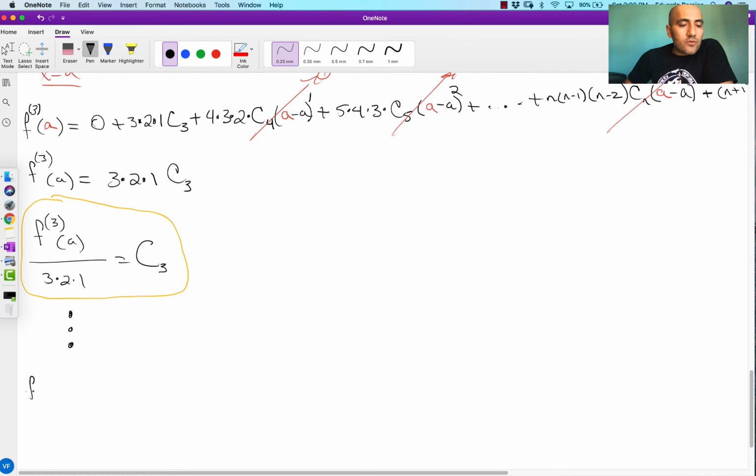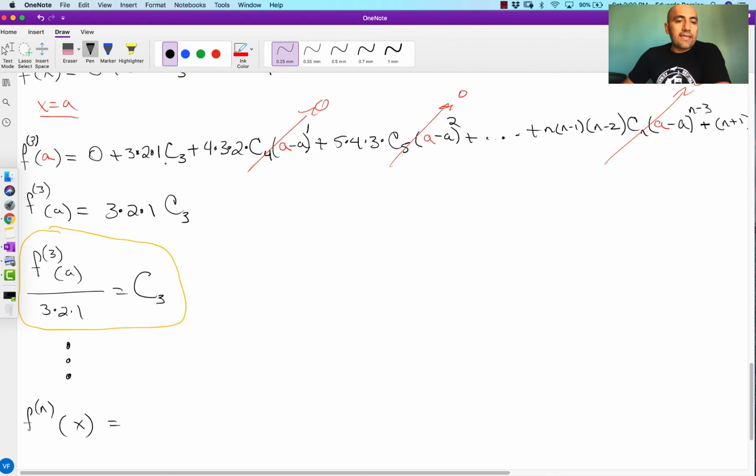When we get down to the nth derivative, evaluated at x, well, all of these terms are going to become 0 somewhere along the way, as we keep taking derivatives. The fourth derivative, this will be a constant, so that becomes 0. And then we bring this out in front, and so we'll have that little countdown of 4, 3, 2, 1. And then the derivative after that, that will become a constant, and then we'll have this little countdown of 5, 4, 3, 2, 1, and so on and so forth.